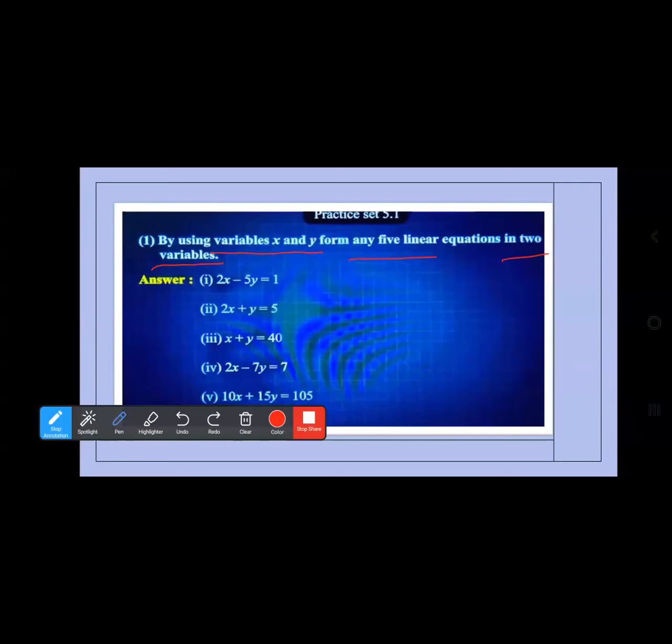Some examples I have written: 2x minus 5y equals 1, 2x plus y equals 5. I can write minus 2x plus 7y equals minus 8, anything. But the condition is that x and y should be the variables, and it should be in the general form only. General form we have discussed: ax plus by plus c equals 0, that means ax plus by equals c.